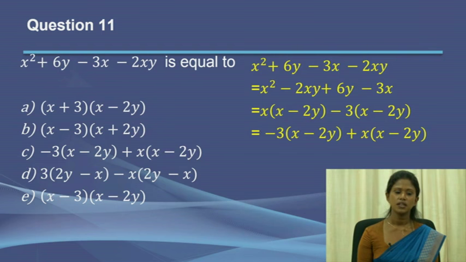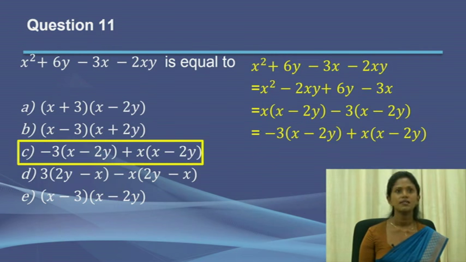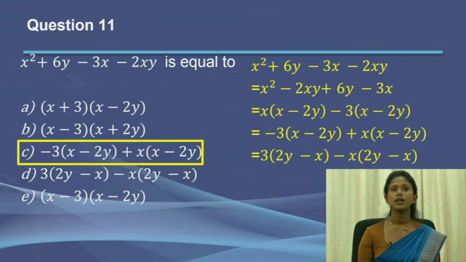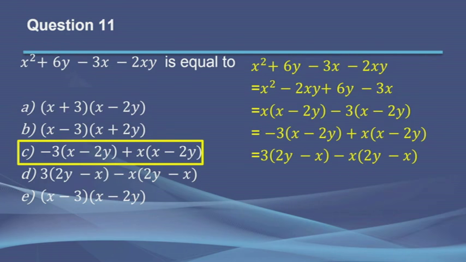If we do the rearrangement, you can see we can mark one answer. So let's move on. This time we are continuing with 3 times 2y minus x, 2y minus x. Again the terms within the brackets are equal, so we take the common terms out of both the left and the right side. Now we have come across another answer.